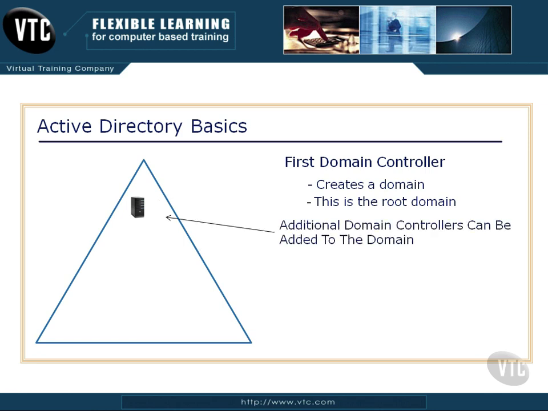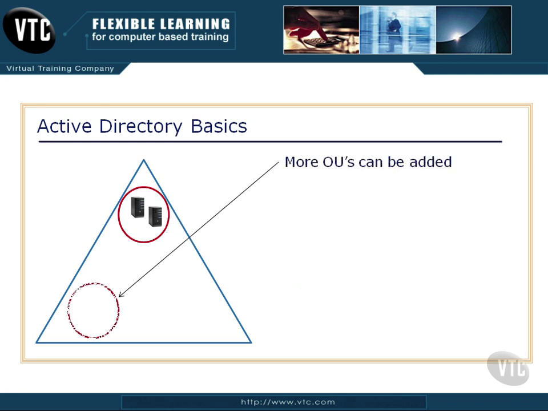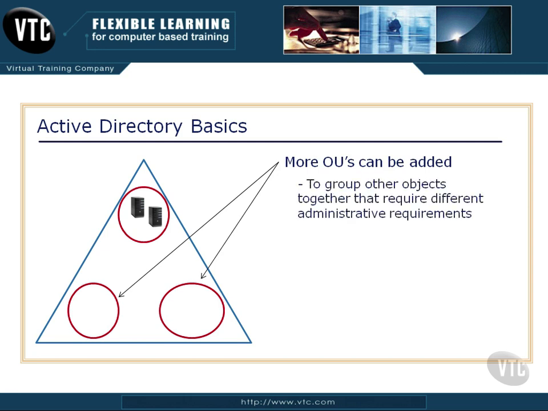Now I can add an additional domain controller to the domain, and then I can group those together in what's called an organizational unit for administrative purposes. Now I can add additional OUs to my domain to group other objects together that might require a little bit different administrative requirements.